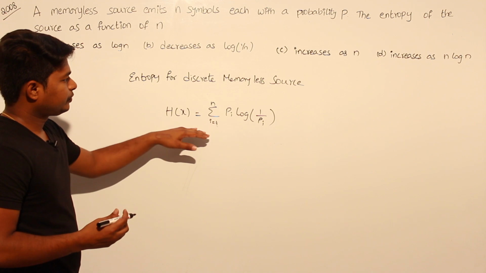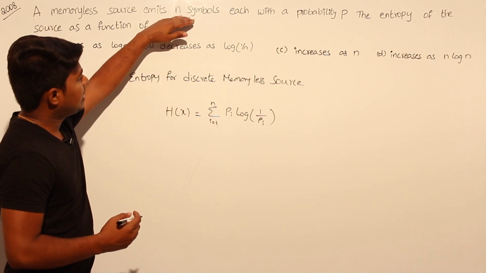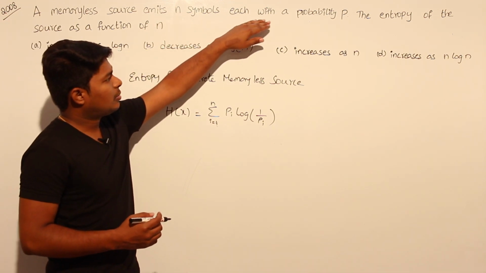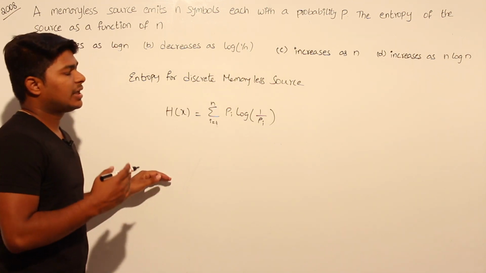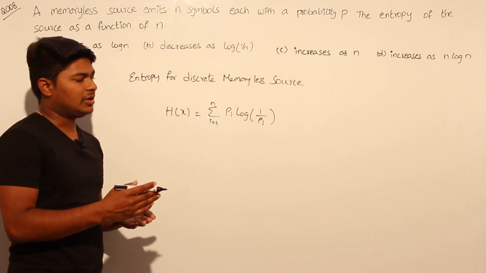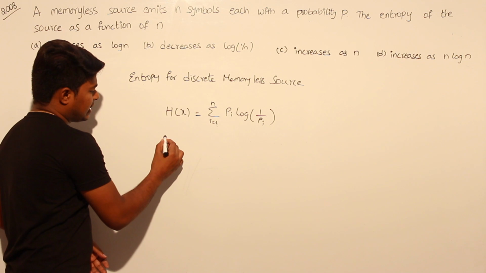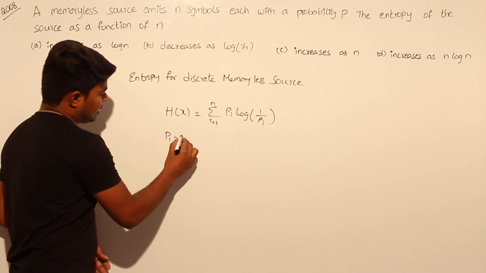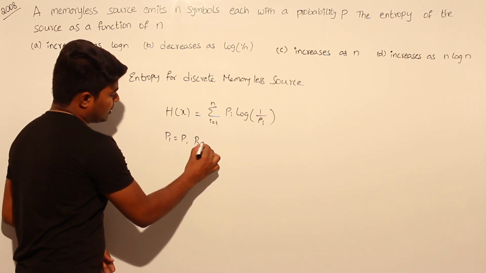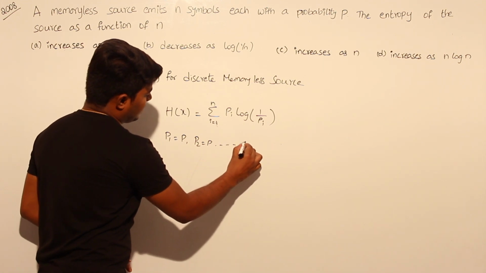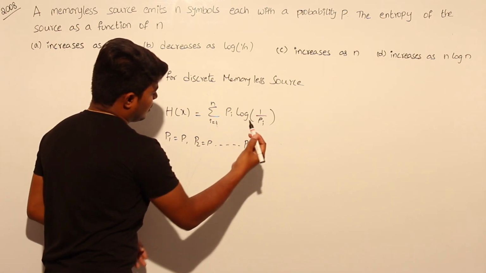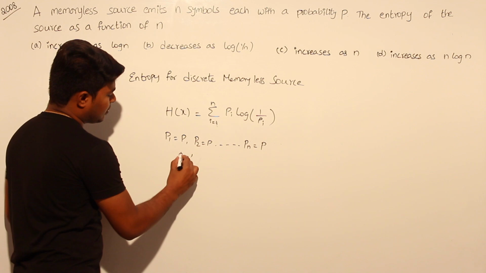Okay, now they are saying that there are n symbols with probability p. That is, from the given data, the probability of p1 is p, p2 is p, and so on, pn is equal to p. So there are n symbols, each with probability p.